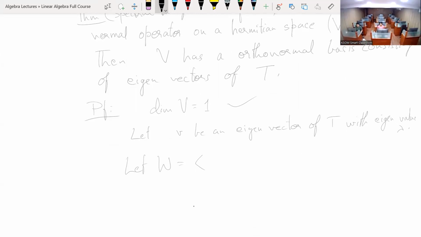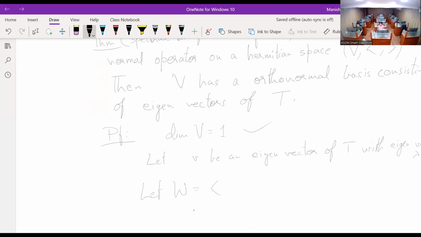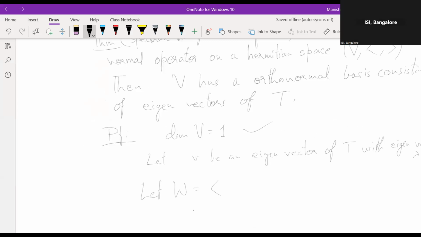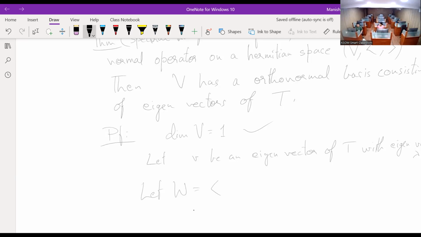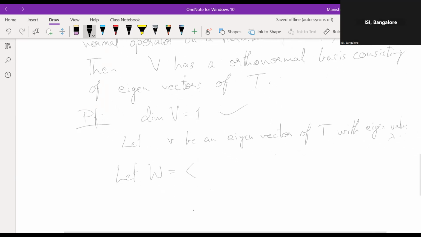So you also take v to be nonzero, right? We also have to take v to be unit length, right? Yes. Let's call it V1. So V1 is an eigenvector with eigenvalue lambda and of length 1, so it's a unit eigenvector.